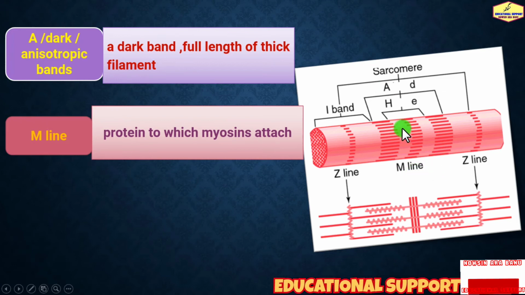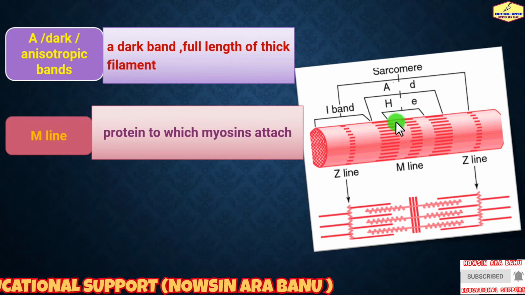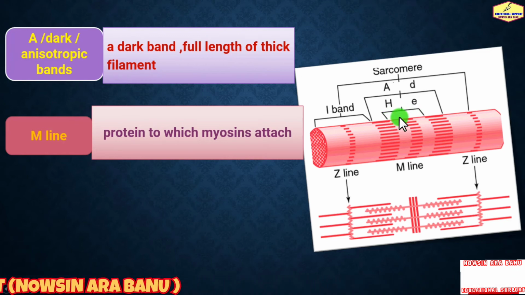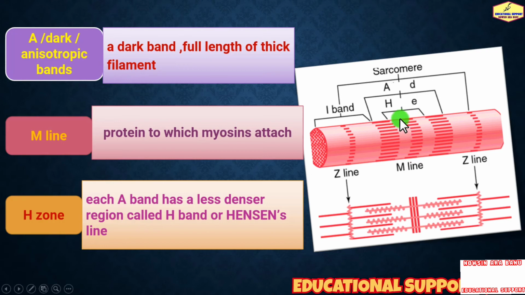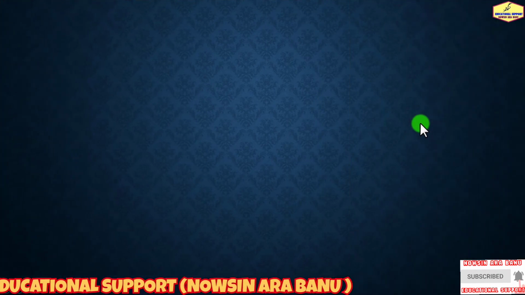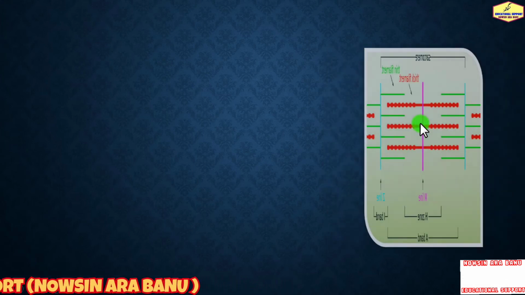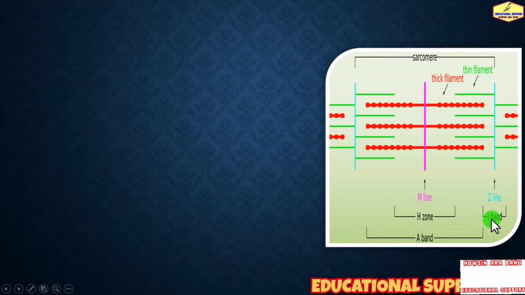And the H zone. Each A band has a less dense region called the H band or Hensen's line. So thick but no thin filament. I-band, also called light band or isotropic band.